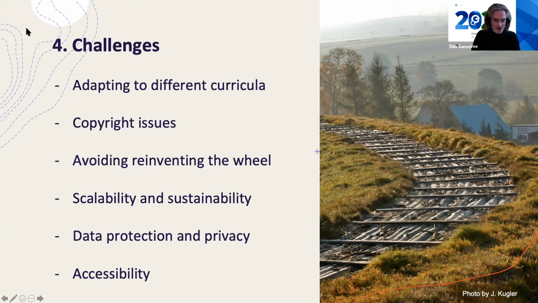And the last, but definitely not least, is the question of accessibility. You could break this into two different specific areas. One is connected to the concept of digital divides, and the other is to do with different abilities.